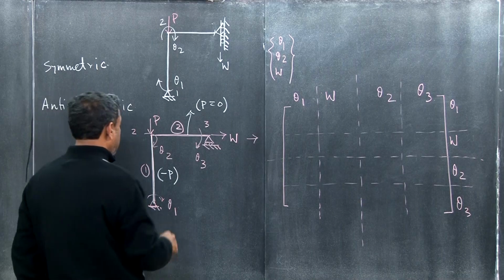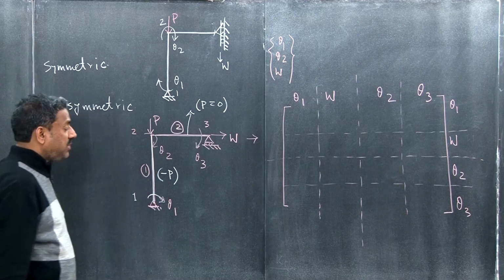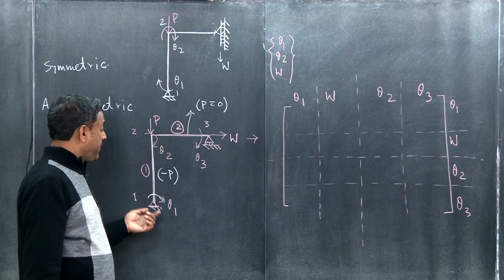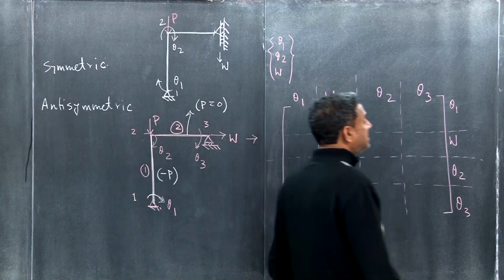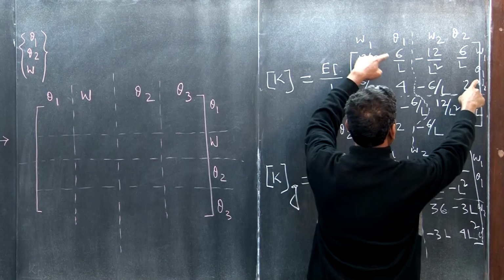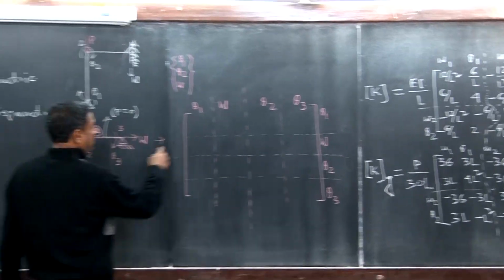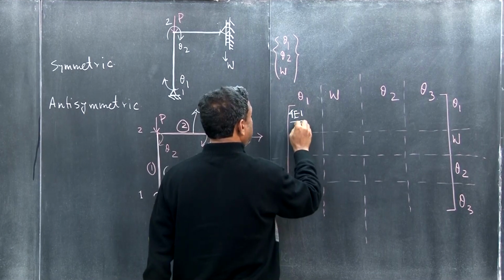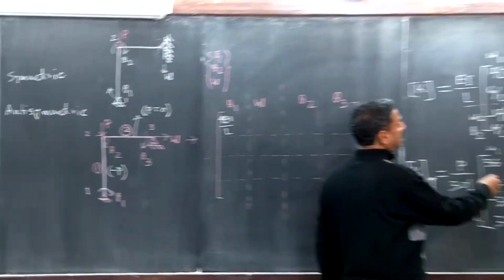Now how will you do that? Take the degree of freedom theta 1 at node 1. Which member is going to contribute to this stiffness? Only member 1. The material stiffness for theta 1 will be 4EI by L, where L is the member length.